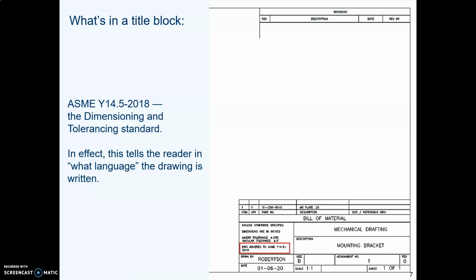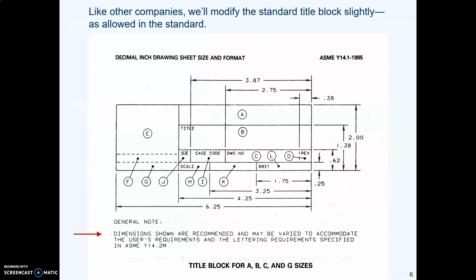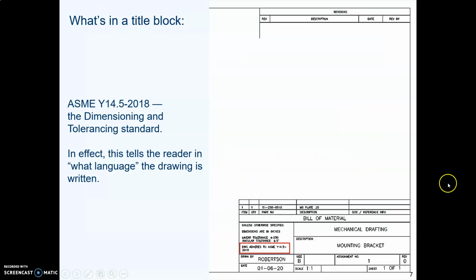It primarily has, let me back up here, it has everything that ASME says we have to have except for the CAGE code, and I've modified the dimensions a little bit to make up for that. So let's go through the things that a standard title block must have in it.